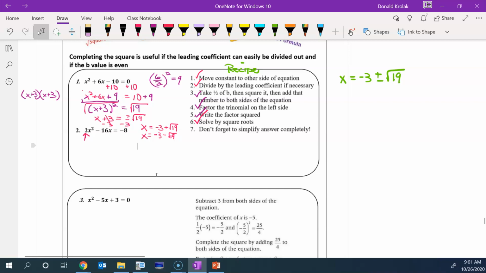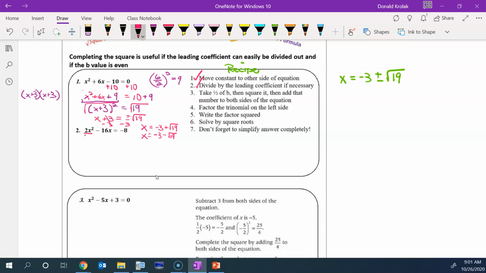Now the second one is where the leading coefficient is 2, so there's an extra step. Move the constant to the other side, already done. Now what you have to do is divide by the leading coefficient.